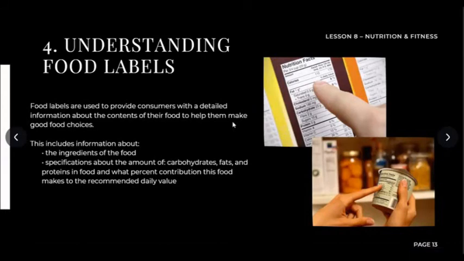But somehow we tend to ignore the food labels. But it is important for us to take time to know the contents of the food we are about to eat. So this includes information about the ingredients of the food, and specifications about the amount of carbohydrates, fats, and proteins.